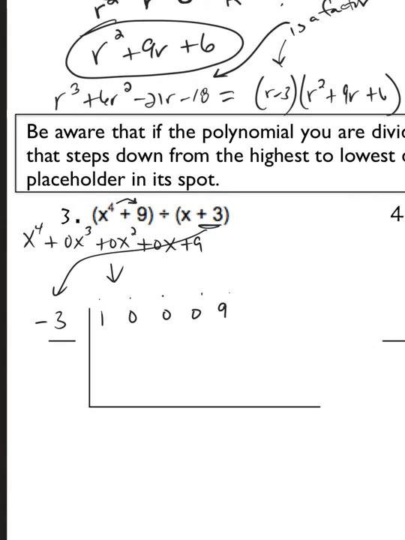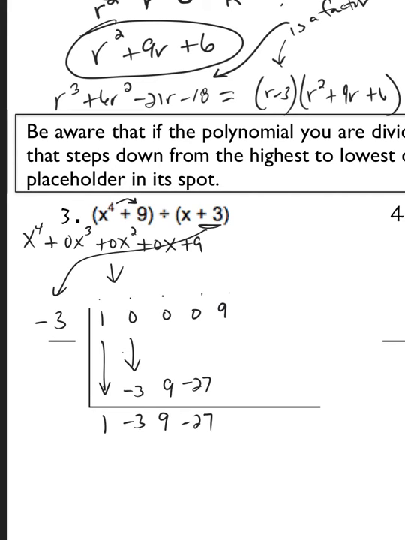Now we're just going to go through everything the way we normally do. 1 comes down here. -3 times 1 is -3. So that goes here. -3 times -3 is positive 9. Combine. -3 times 9 is -27. Combine.